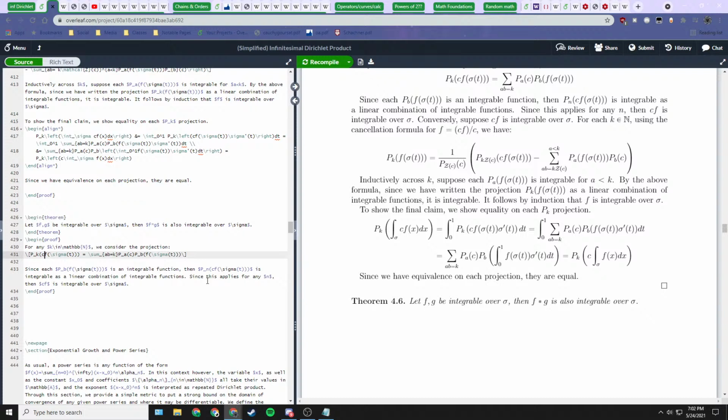Projection f of sigma t times g of sigma t, instead of doing c, since each will have this and this.